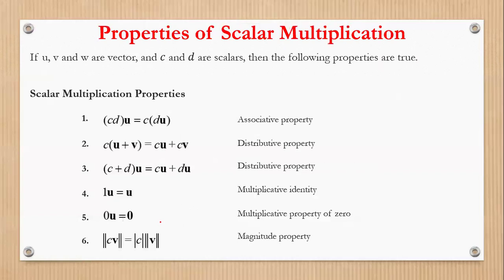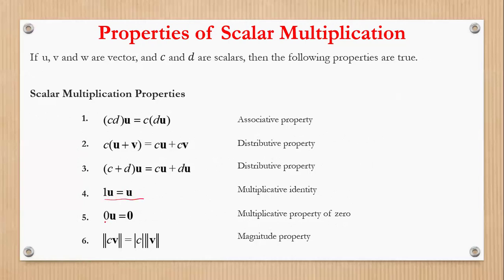And you can also see some properties of scalar multiplication, when you are multiplying a number by a vector. If c and d are just numbers, scalars, and you want to multiply them by vectors, these are the properties that we always have. For example, if you multiply the number 1 by any vector, nothing changes. You still have your vector.